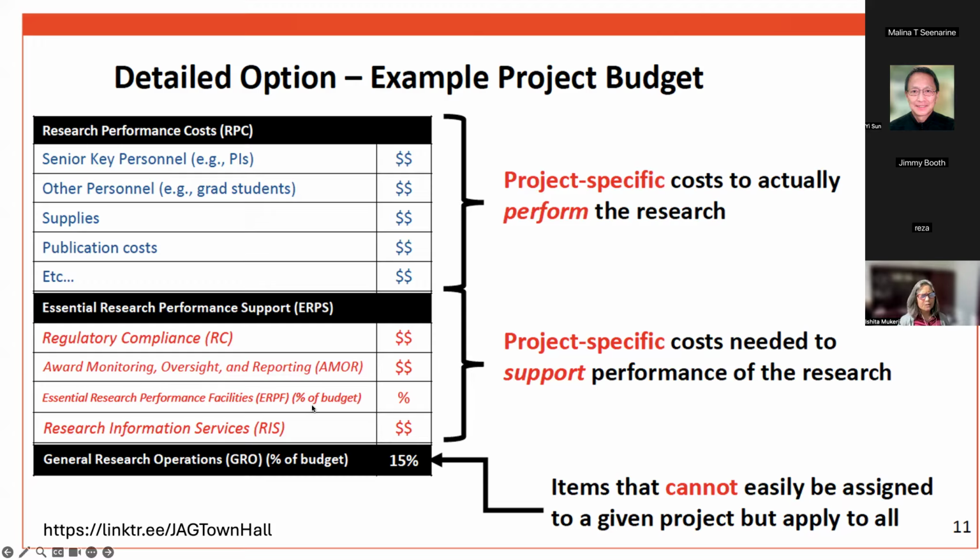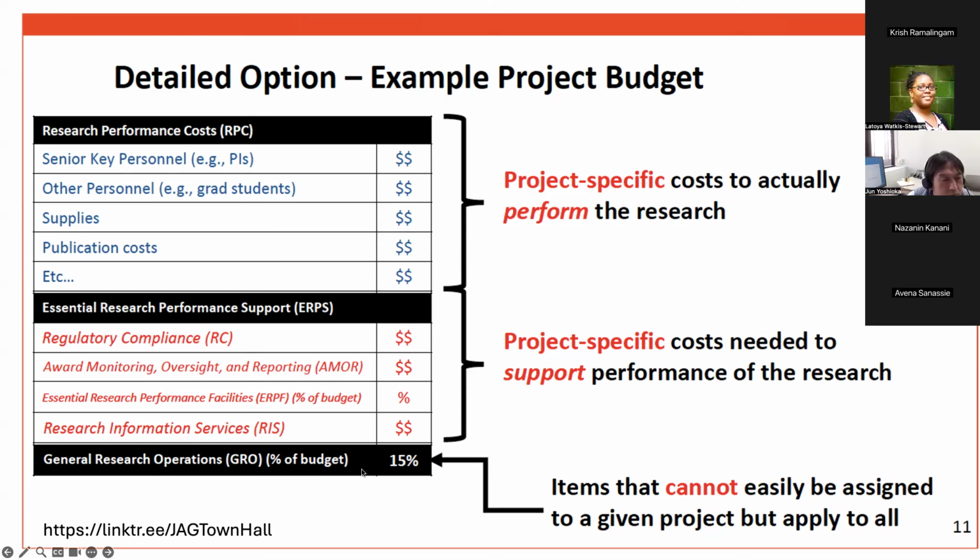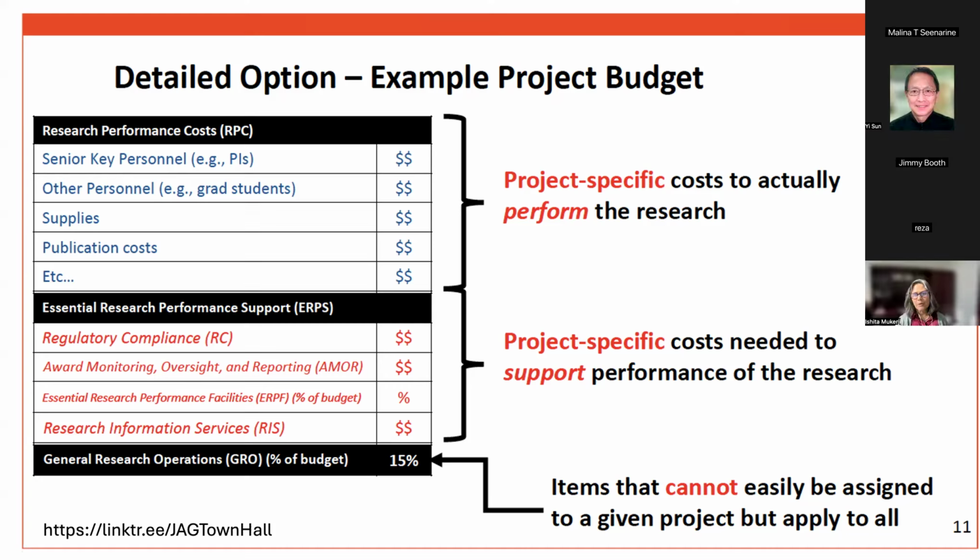These essential research performance facilities would be a percentage of the budget, and is related to things that are not easily classifiable, like hazardous waste removal or something like that. And general research operations would also be a percentage of a budget. And that can even be maintenance of buildings and such, where the particular cost is not readily assignable to one particular grant.